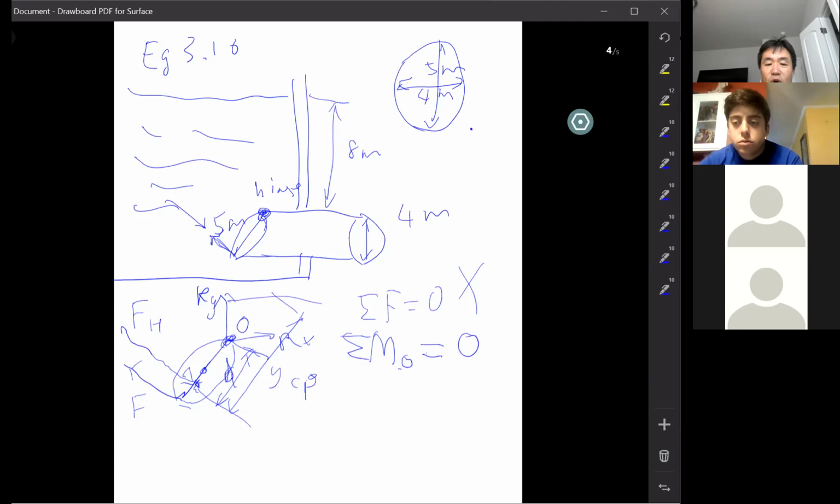Rx and Ry are exactly on O, so there's no moment. So you don't have to consider Rx and Ry in your calculation, which is much simpler and easier. That's the rule of thumb: when you see a rotating problem, after you draw the free body diagram, you choose the moment equal to 0 equation.